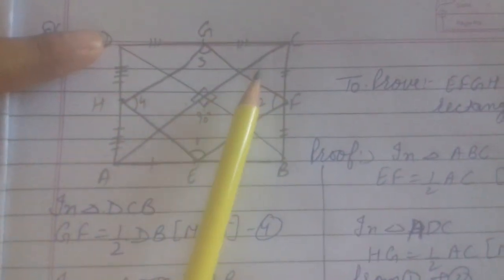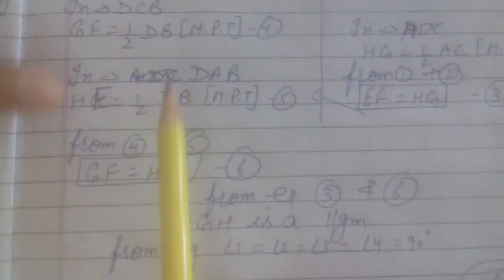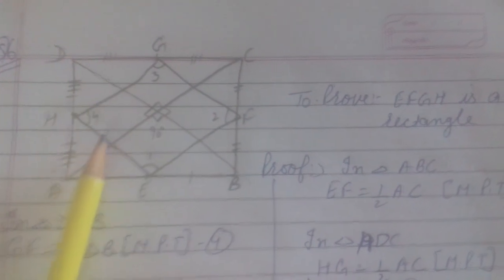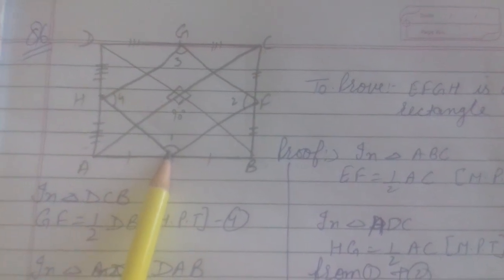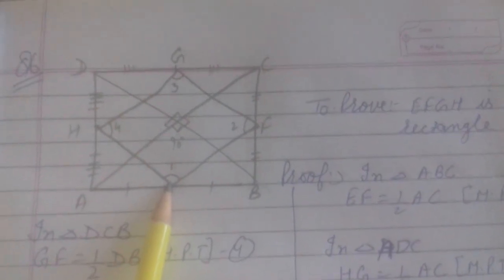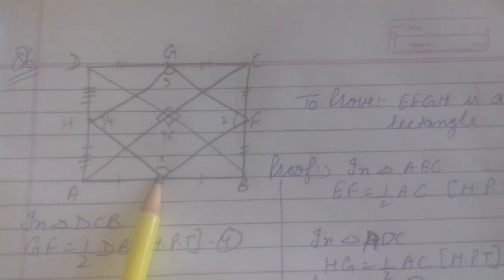That means they are equal to each other. So children, we proved opposite sides are equal. This side is equal to this side, and this side is equal to this side. That is the property of a parallelogram. But if we prove a vertex angle is 90 degrees, then the parallelogram will become a rectangle. That's what we have to prove.